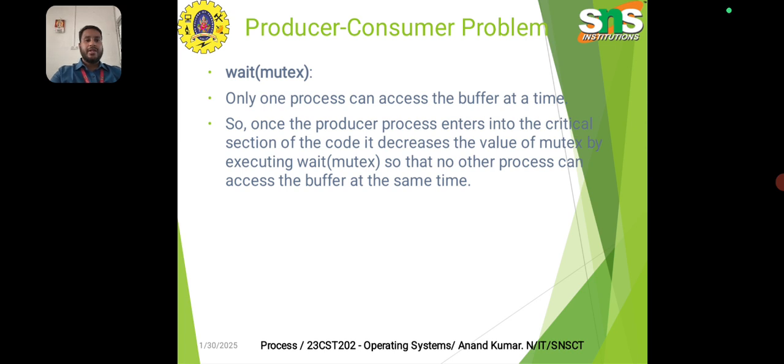Coming to wait on mutex, that is mutual exclusion, only one process can access the buffer at a time. So once the producer process enters the critical section of the code, it decreases the value of mutex by executing wait, so that no other process can access the buffer at the same time.